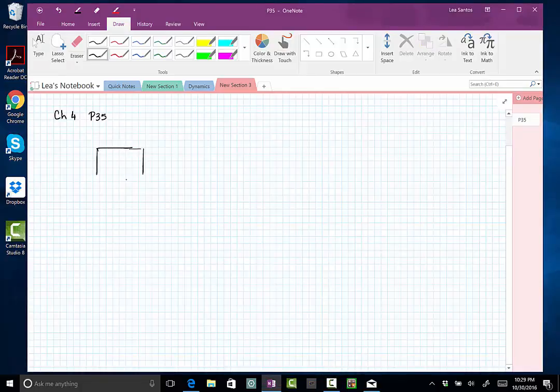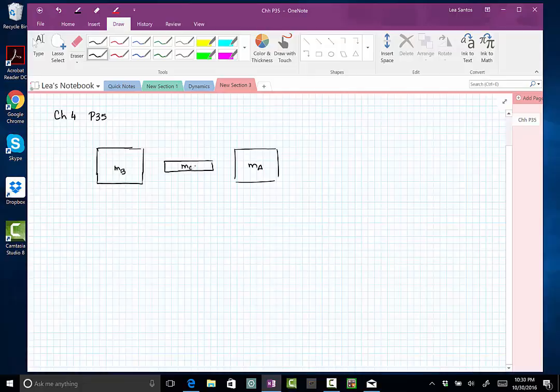Okay, so I have two boxes. One here, I'll call it the box B that has mass MB, and here in front I have another box, my box A, with mass MA, and they are connected by a cord, but this cord is not massless anymore. It has a certain mass.